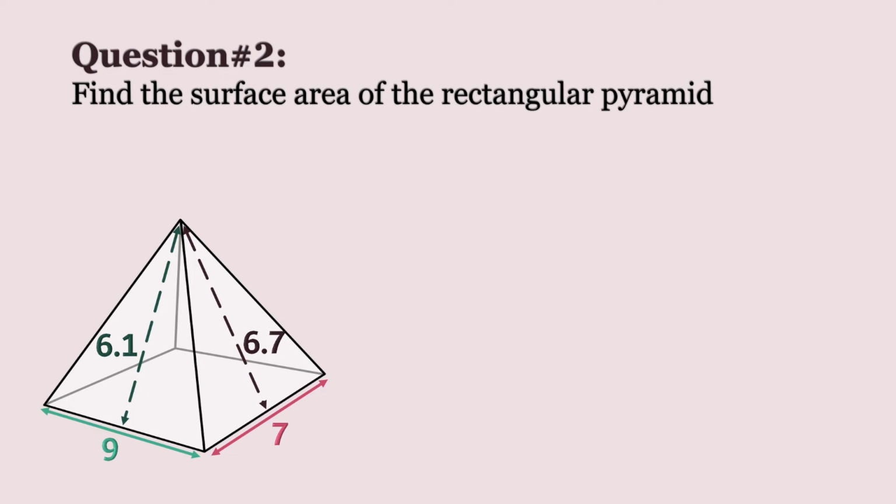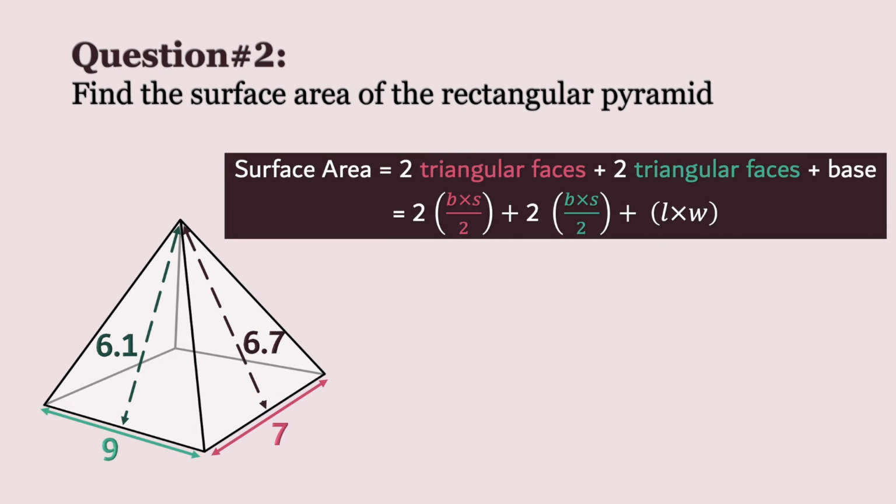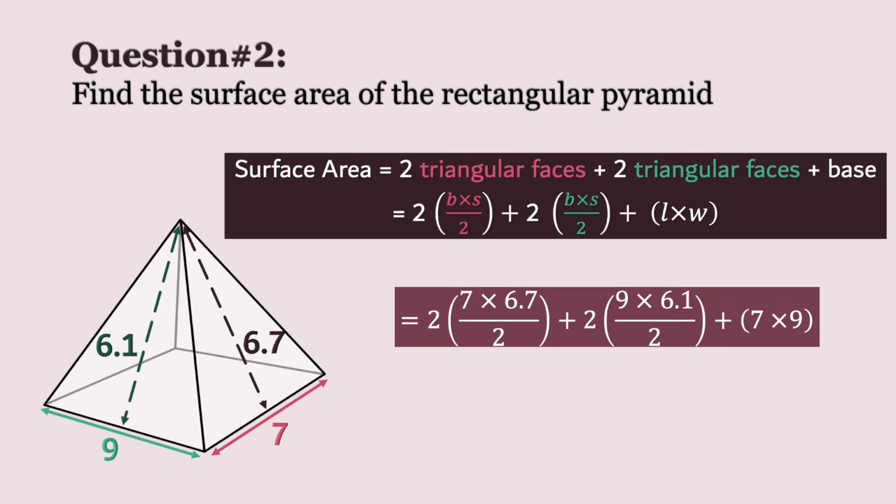Let's compare our solutions. This is the formula I'm going to use, which is what we talked about in the previous slide. I hope you used the same one. When you substitute the slant heights and base lengths, you must pair them with the corresponding ones. Take a look at the diagram. The 6.1 slant height goes with the 9 base length, and the 6.7 slant height goes with the 7 base length.